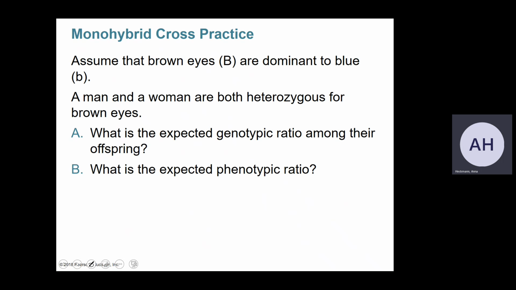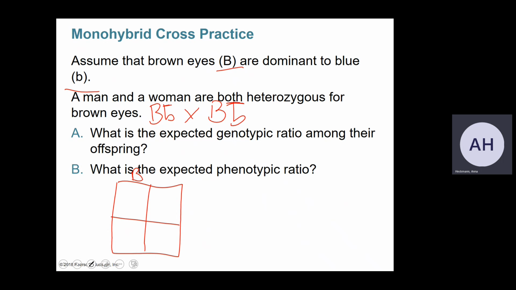All right. So if we assume that brown eyes are dominant to blue, a man and a woman are both heterozygous. They're both capital B, lowercase b. So we're going to do a cross between 2 heterozygotes. And let's just do the cross right here.